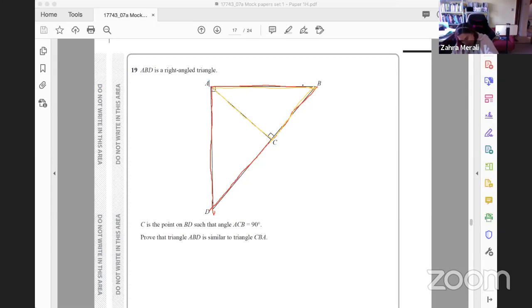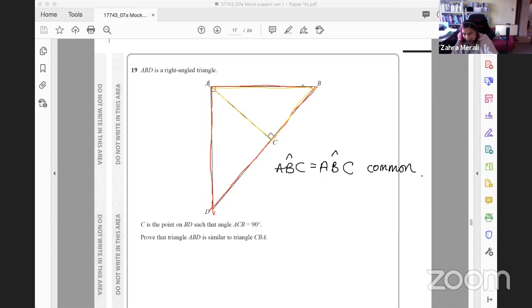ABC and ABD are the same angle as well. So ABC equals ABD, and that's a common angle. So we've got an angle that's the same.